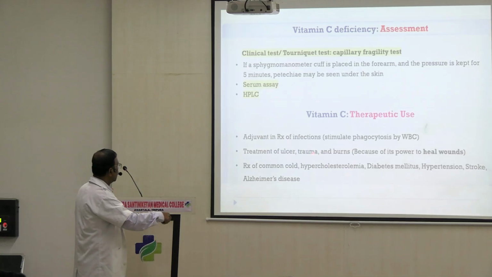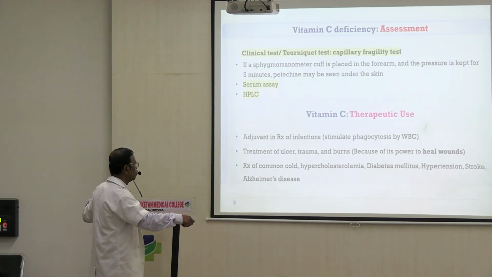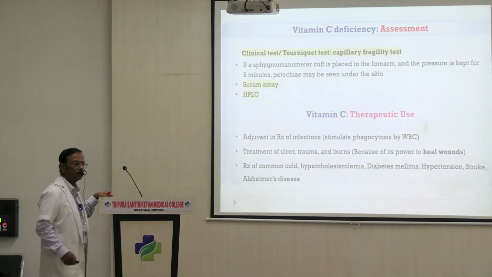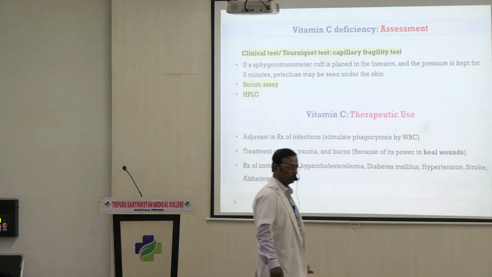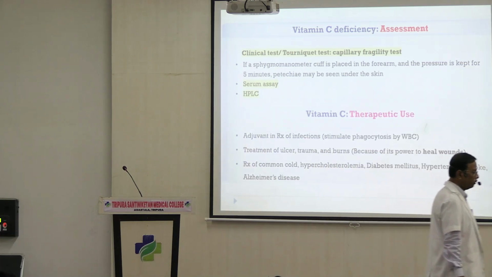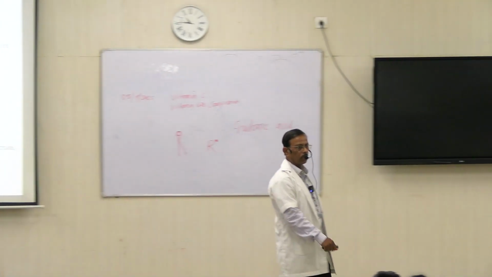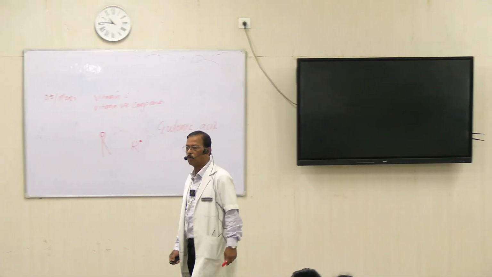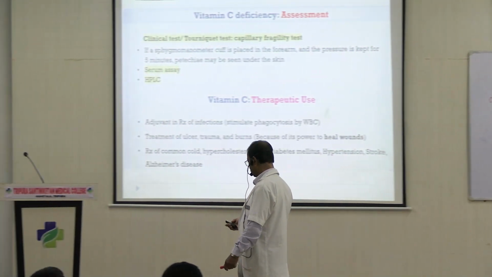In hypercholesterolemia, diabetes mellitus, hypertension, stroke, this exposure to free radicals is one of the causes of this disease. So we give antioxidants so that his body can normally utilize the free radicals.